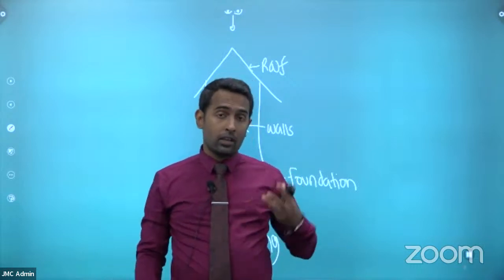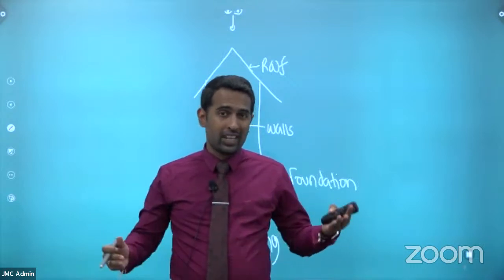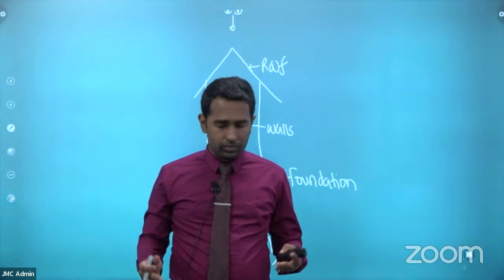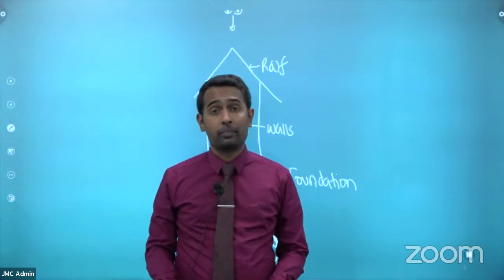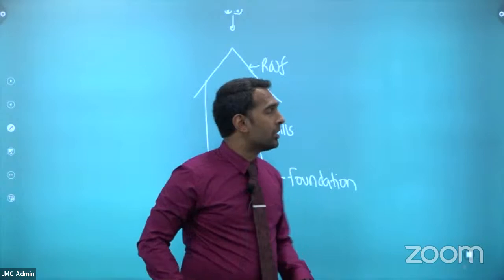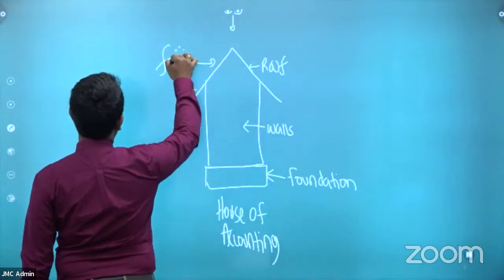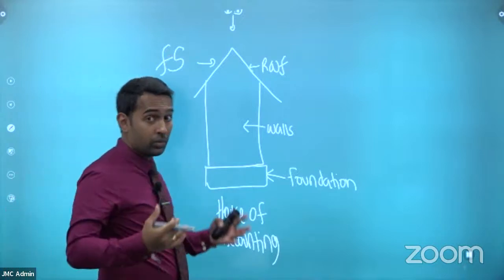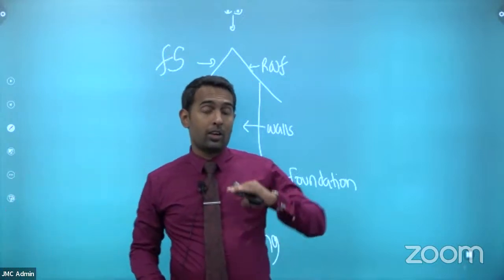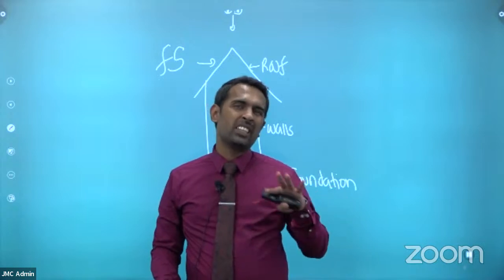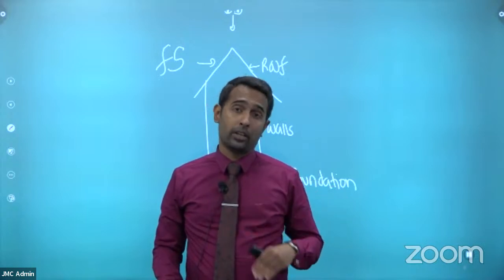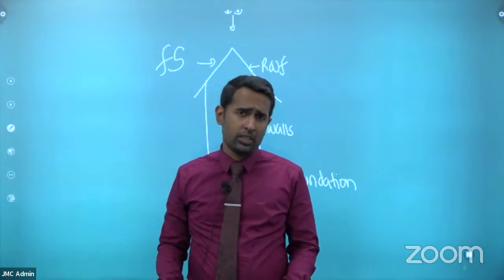From the sky, if we look at a house, what we can see is basically the roof. So basically this is like your financial statements. If you take accounting as a house, the top of that house that we can see is basically the financial statements.